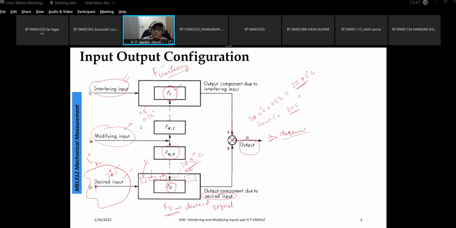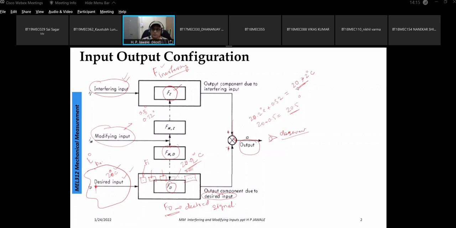Simultaneously, that modifying input also modifies the interfering input. Say it is correlated at 0.1 degree per degree rise. Then the interfering input is modified to 0.52. Earlier it was 0.5. So in this condition, the output shown because of the modifying input will be 20.72.